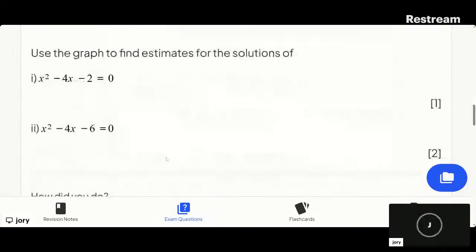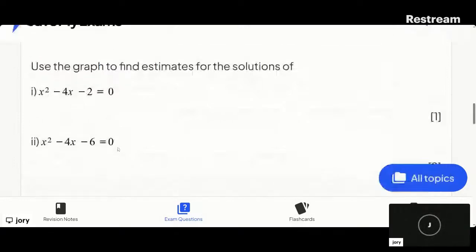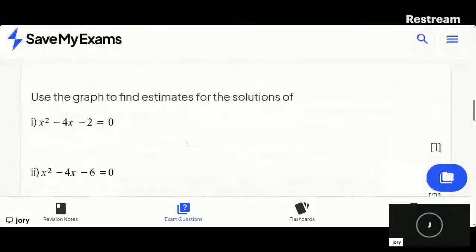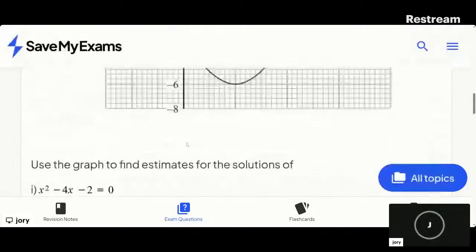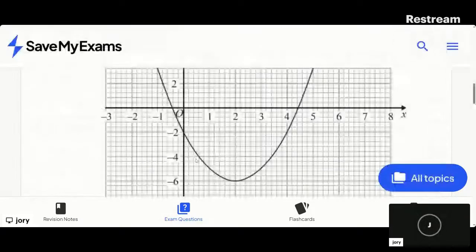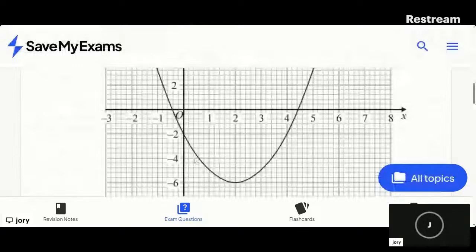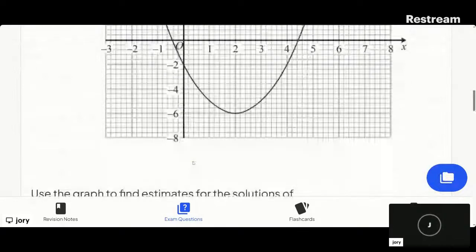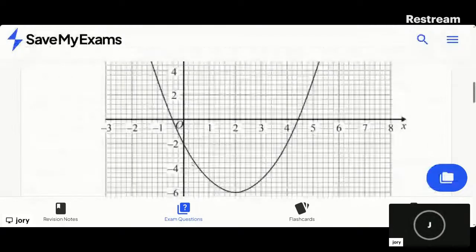And then minus 6. What happens if you minus 6? I think you just go down. Negative 2. Yeah, it goes down 2 points. 4 points. Sorry, it goes down 4 points.